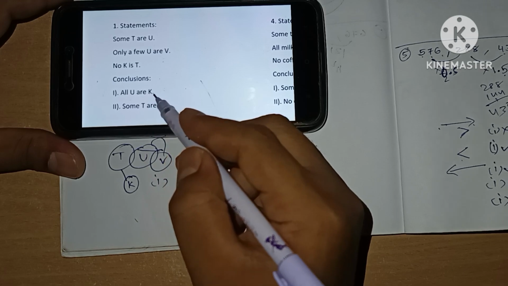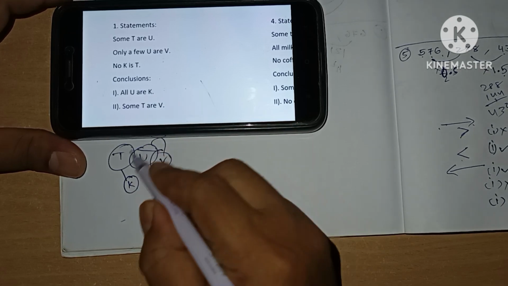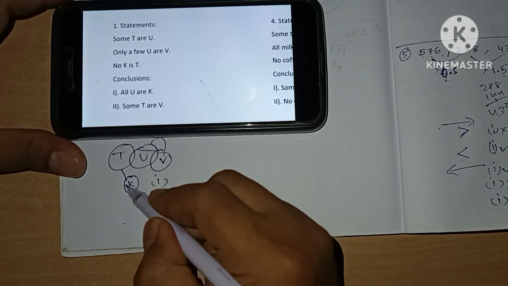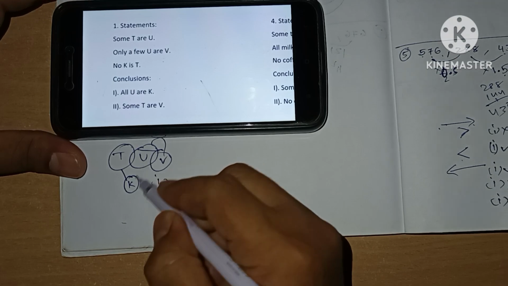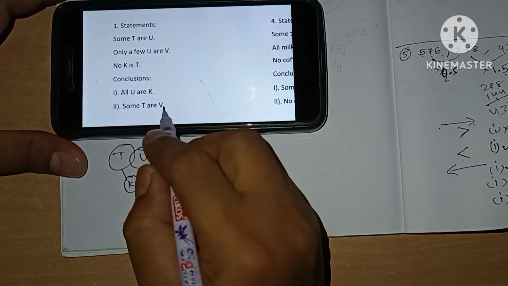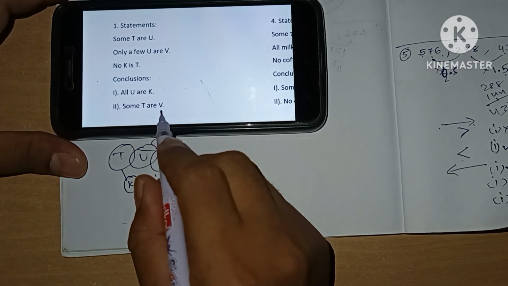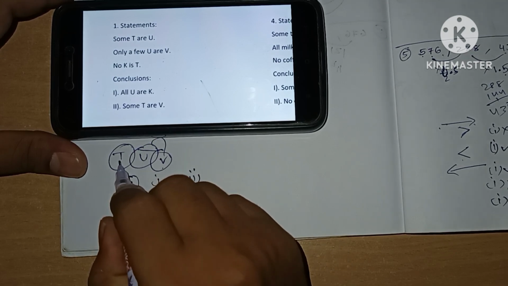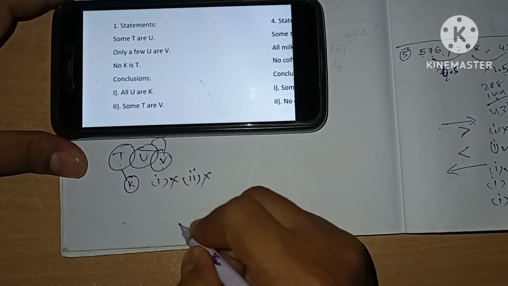All U are K. This is a direct conclusion. All U is inside K. No, it is not directly in our basic Venn diagram. So this conclusion will be false. Some T are V. It is also a direct conclusion. There is no direct relation between T and V. So this is also false.